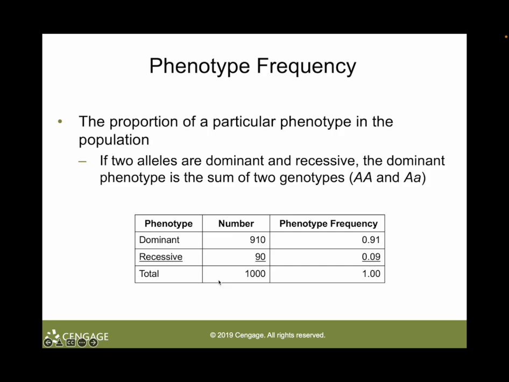In that same example with four individuals, 0.75 would exhibit the dominant phenotype and 0.25 would exhibit the recessive phenotype, because there was one homozygous dominant, two heterozygotes, and one homozygous recessive individual.